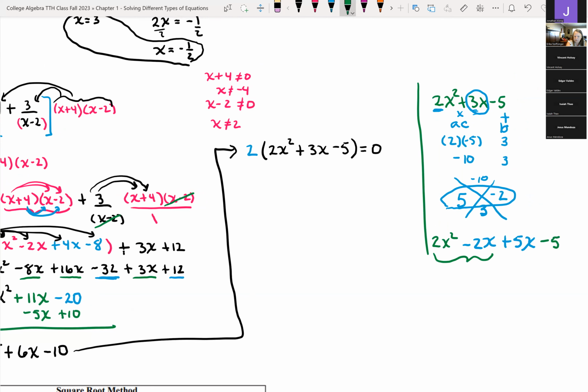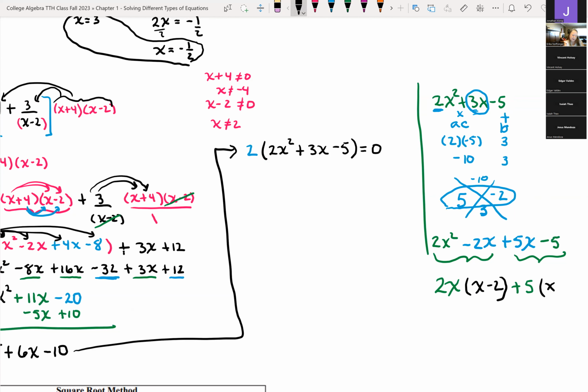So factor by grouping the first two terms together. Pulling out a 2x from those first two terms, we're left with x minus 2. And from 5x minus 5, I can pull a 5 out of both of those terms. So pulling a 5 out of 5x, I'm left with an x.